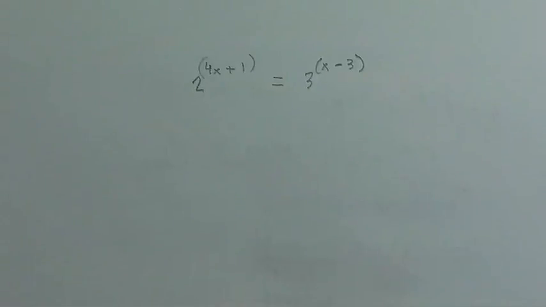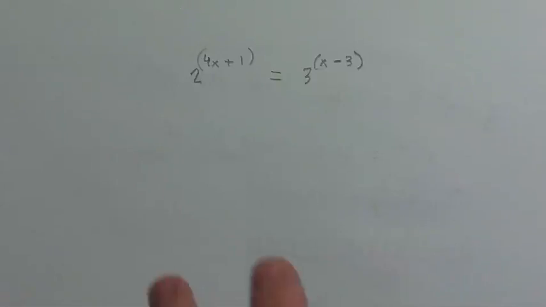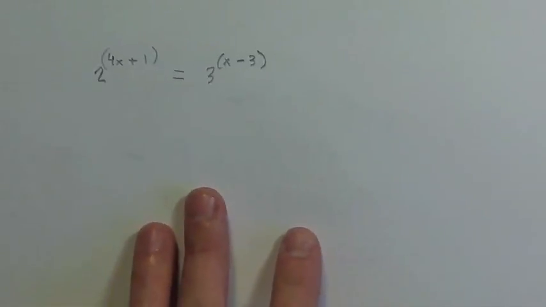This equation's a little weird. This example is a little weird. We have exponentials on both sides. There are ways we could go about doing this, but the best way is to just take ln, because isolating is not really going to help us here.